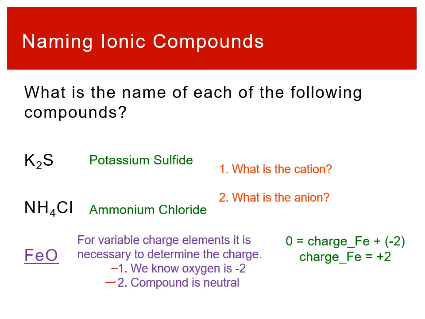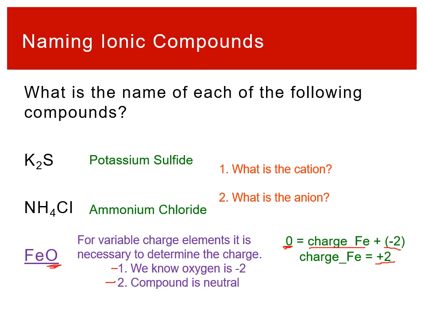So what we can do is we can say the overall charge of 0 has to be equal to the charge of the iron atom plus the -2, which is the charge of this oxygen, right? So we have one Fe, we have one oxygen. When we add their charges together, they have to be 0, which means that the charge on this iron has to be opposite the charge on the oxygen.